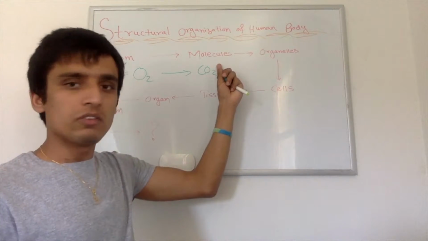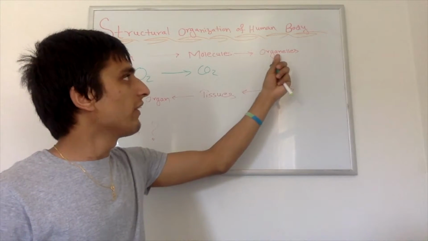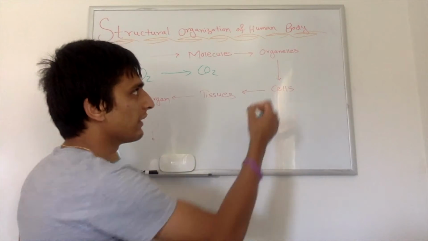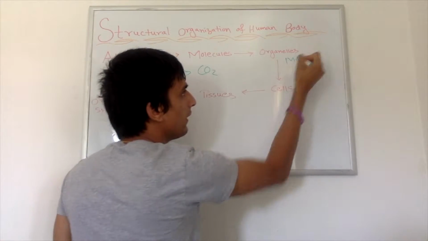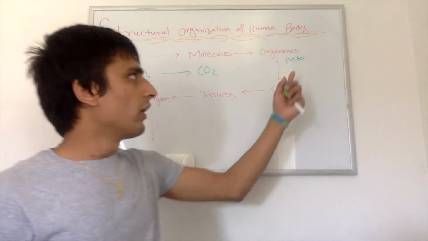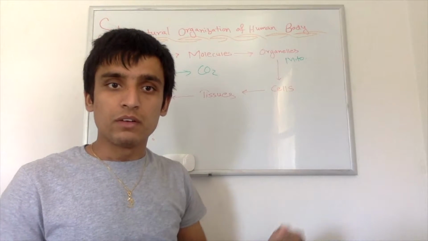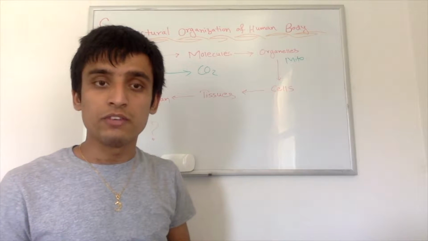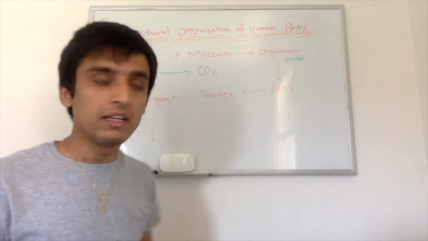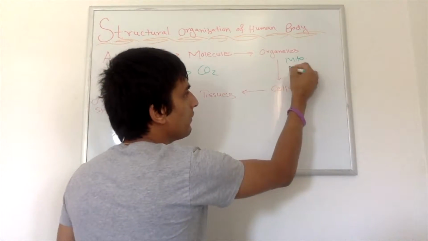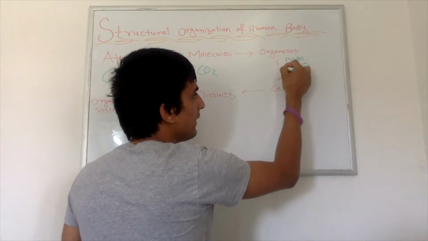But the molecules, the second level, form the organelles. For example, you have mitochondria. The mitochondria is the energy-forming organelle, the powerhouse for ATP, which is adenosine triphosphate.